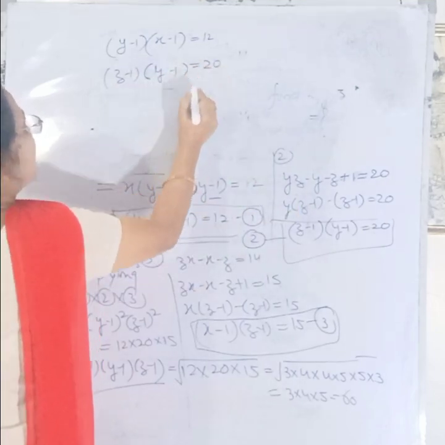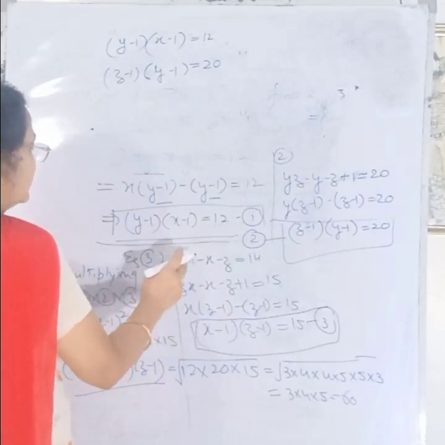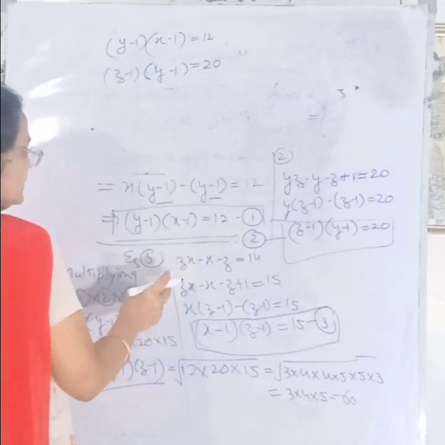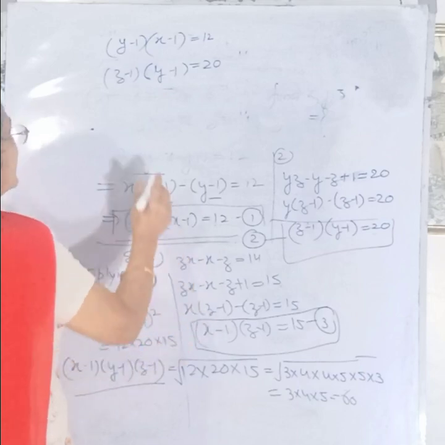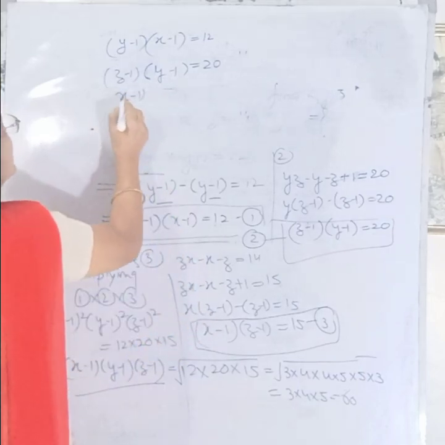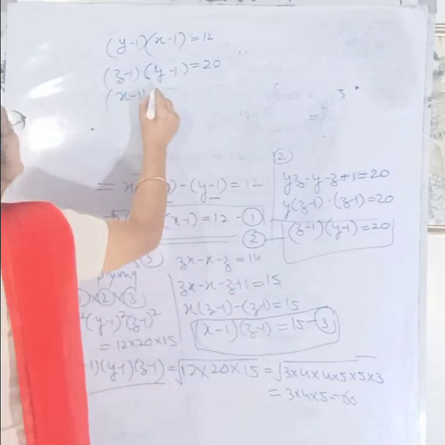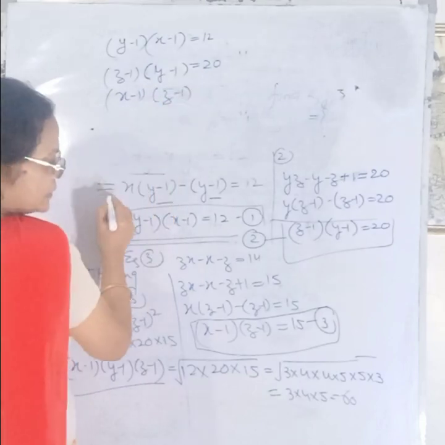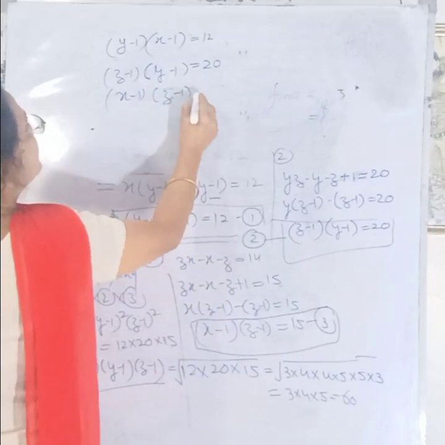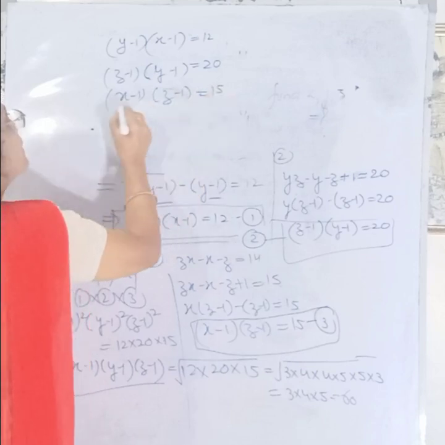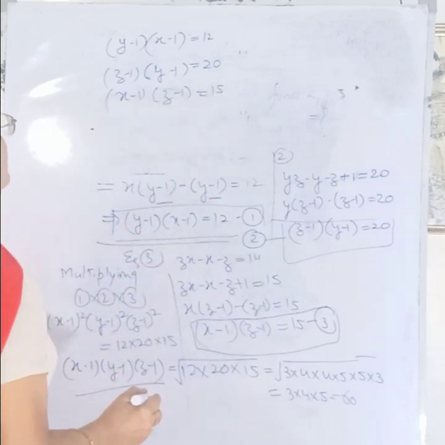This is the new form of the second equation. And the new form of the third equation is this: x minus 1 into z minus 1 is equal to 15. This was the new form of equations 1, 2, 3.